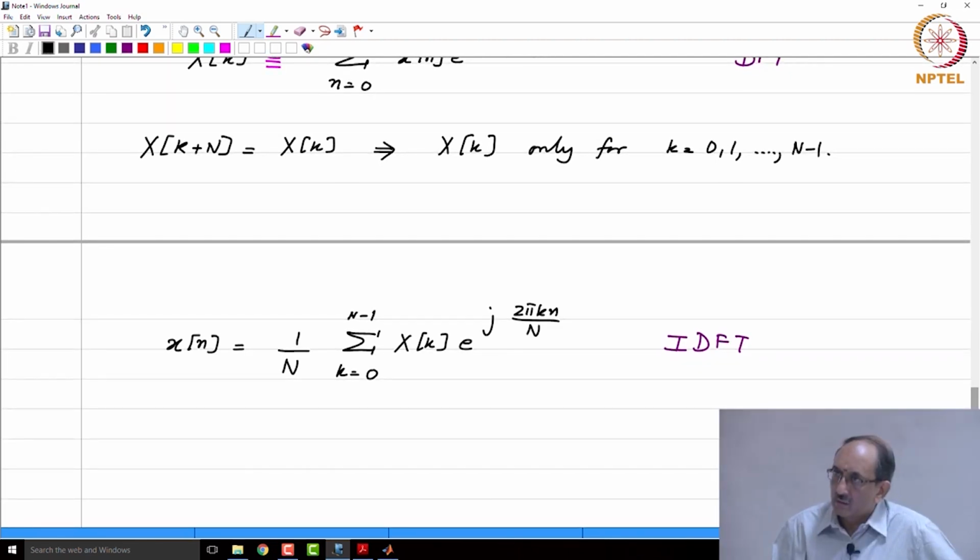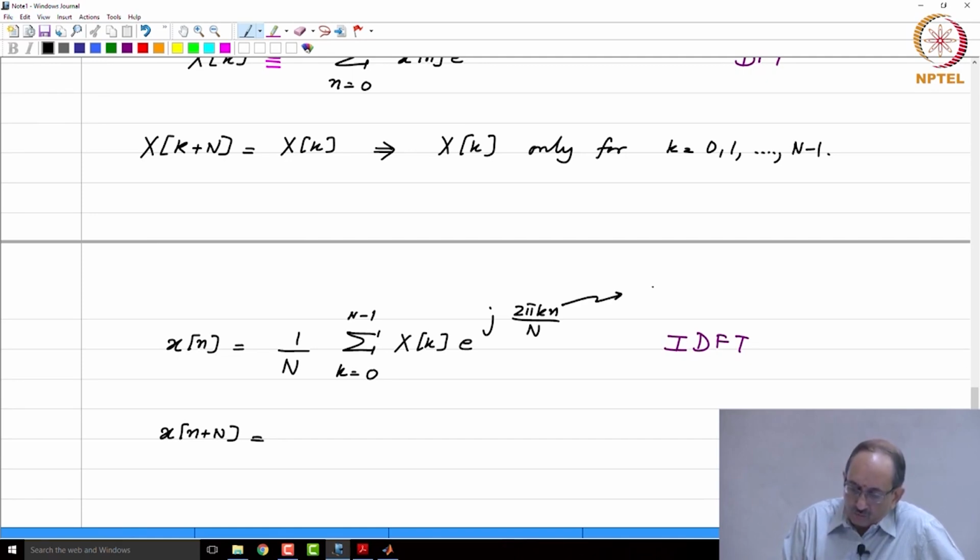Then this person to whom this definition was given immediately observed this. What about x of n plus capital N? Here now you are going to replace n by n plus capital N. You will get back x of n.